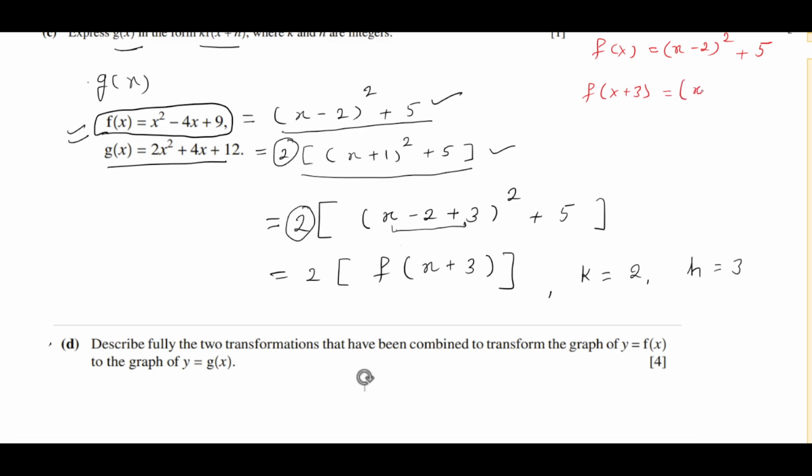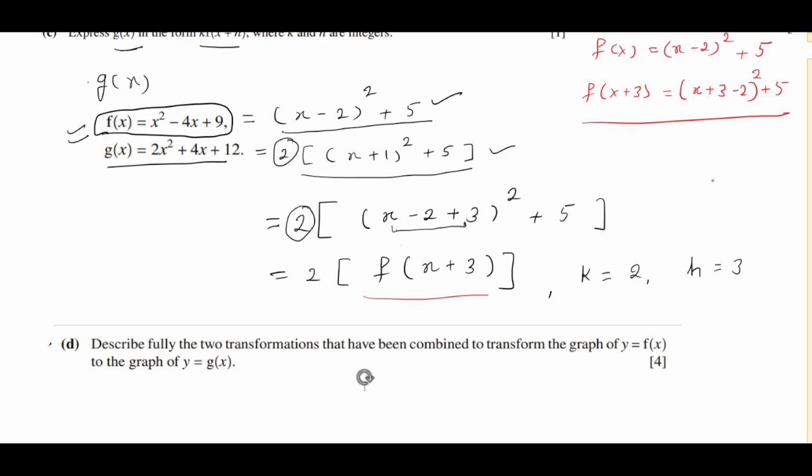This x will simply be replaced by x plus 3, rest will be as it is. Yes. Right, this is your f of x plus 3. So see here, I have (x plus 3 minus 2) the whole squared plus 5. So I will say that this is f of x plus 3. Yeah, got it.